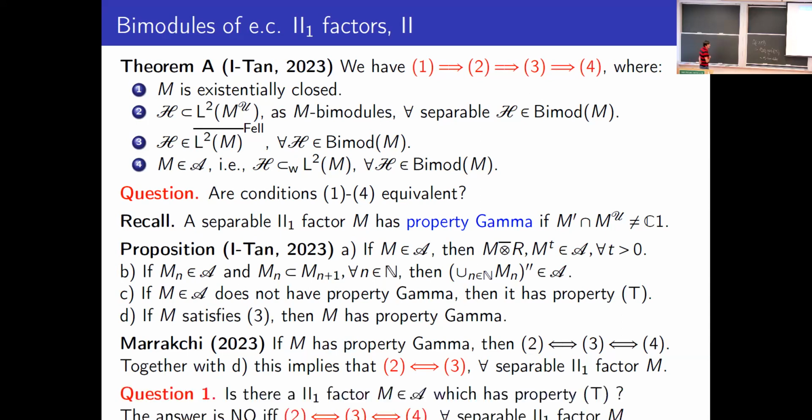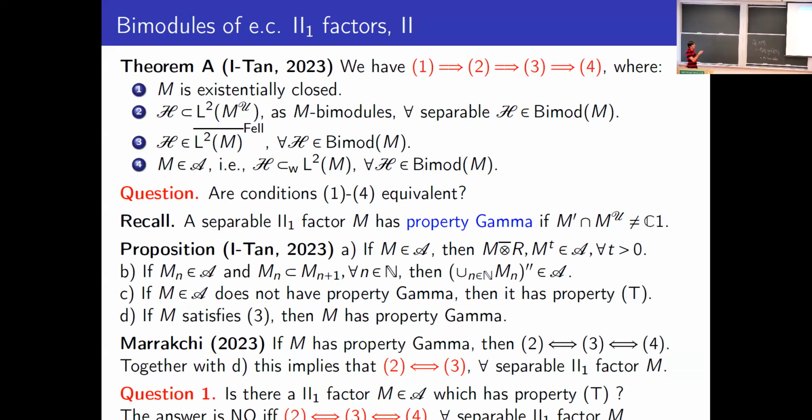However, we still don't know if there is a II1 factor M in A which has property T. A negative answer to this is equivalent to 2, 3, and 4 being equivalent for every separable II1 factor M. I state it like that because I'm inclined to believe that there is no property T II1 factor in class A, which would make conditions 2, 3, and 4 equivalent.